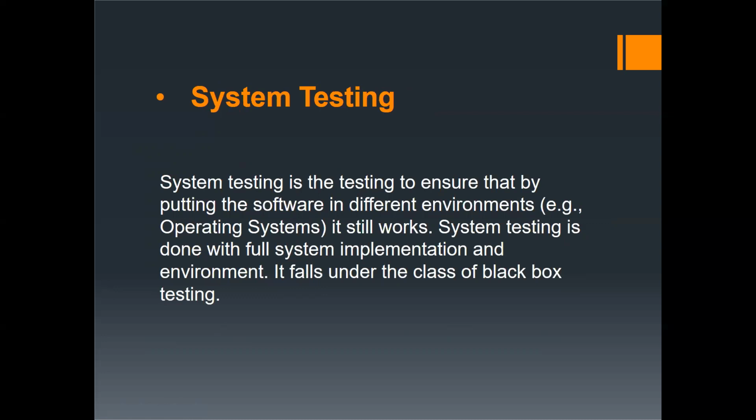What exactly is system testing? Say, for example, in one environment, on one platform or in one system, your software is behaving properly. There might be a chance that if I change this environment or the platform or the system, and try to execute it over different systems, whether it behaves in the same way or not is what we need to find out. System testing is all about that, right?